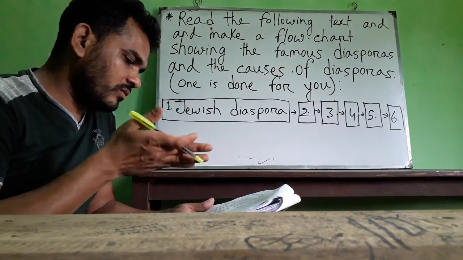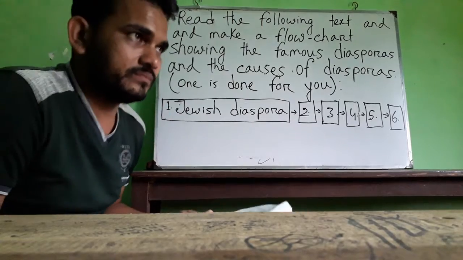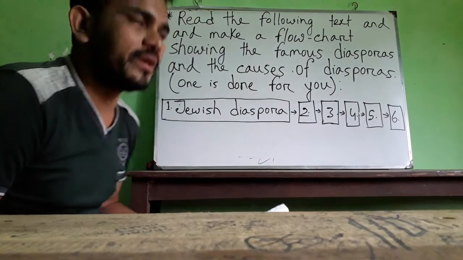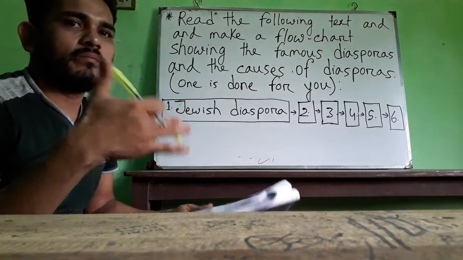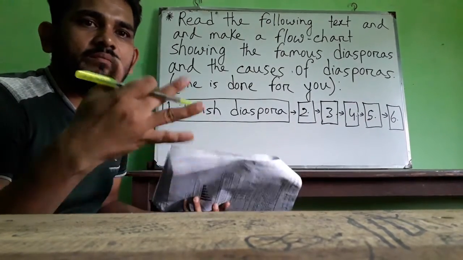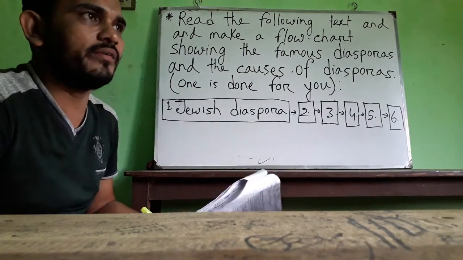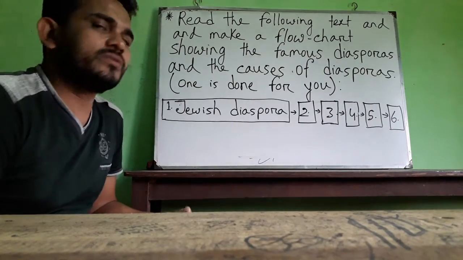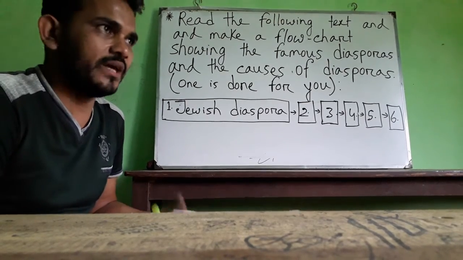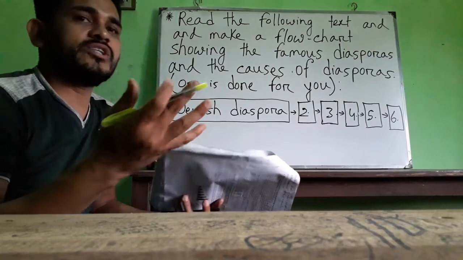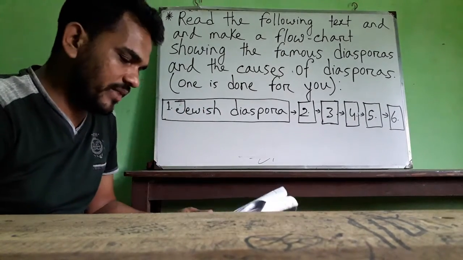And why did the African people become diasporas? Because there was war in African countries, and there was also ravage of nature. That means natural disasters, destruction of nature.